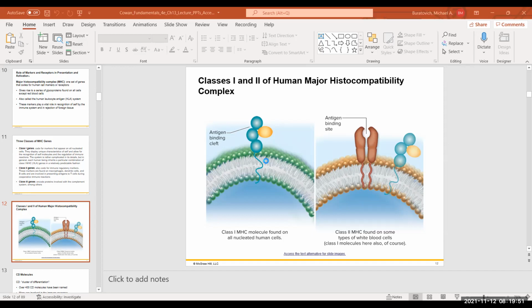The answer has to do with the way the genes are actually on your chromosomes rearranged to make this specific type of T cell receptor.